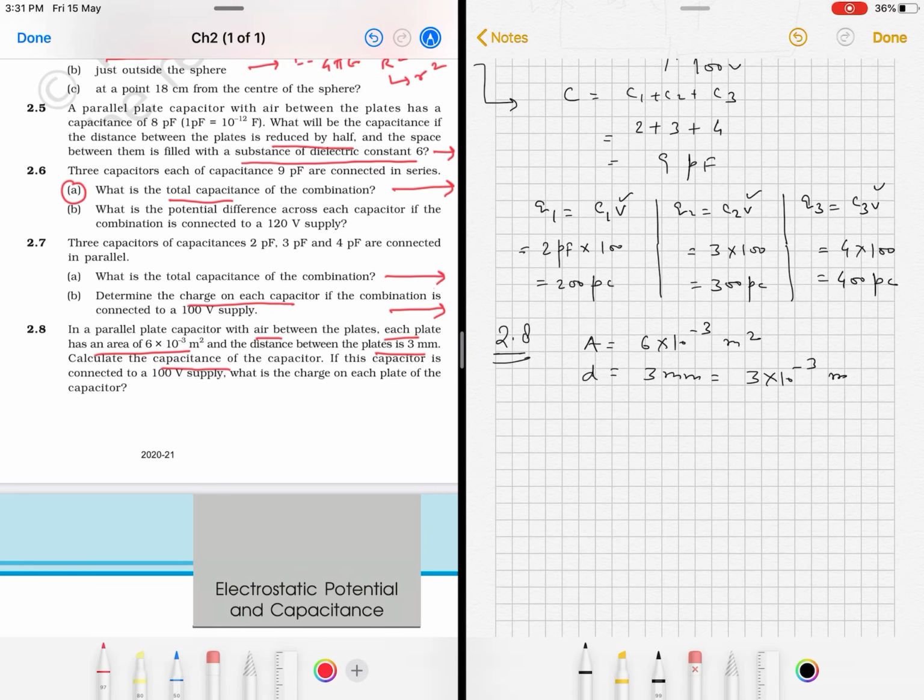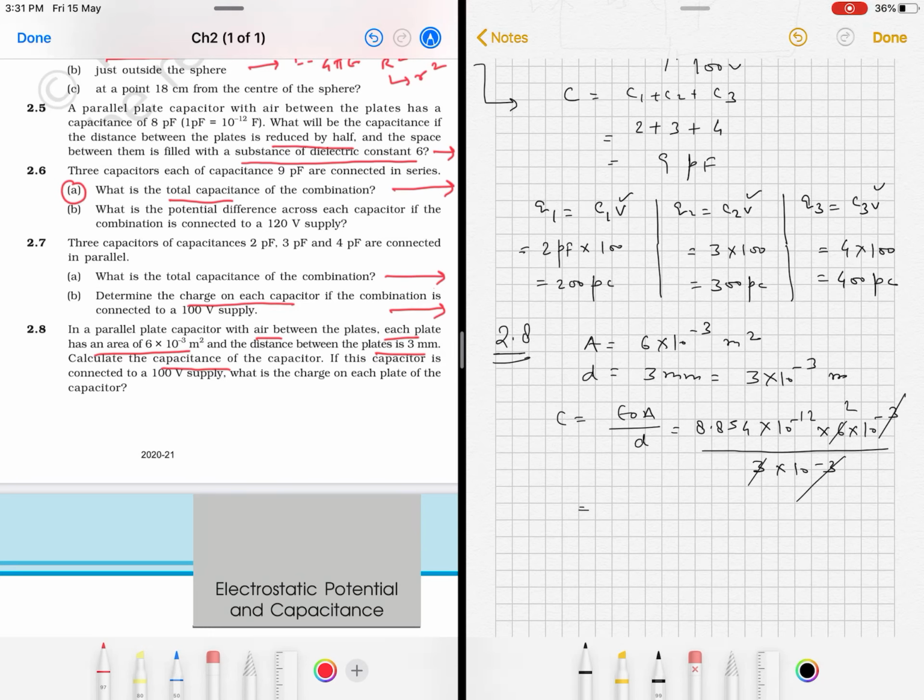Calculate the capacitance. So C is equal to epsilon naught A by D. So 8.854 into 10 to the power minus 12, into the area 6 into 10 to the power minus 3, and the separation is 3 into 10 to the power minus 3. This is cancelled out.